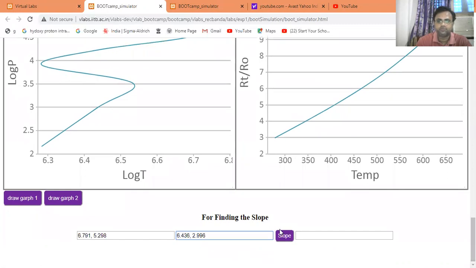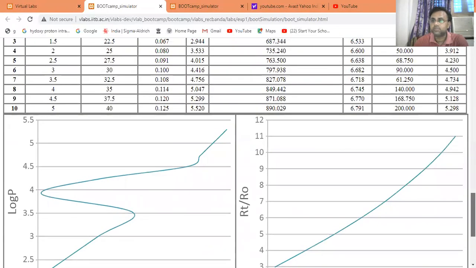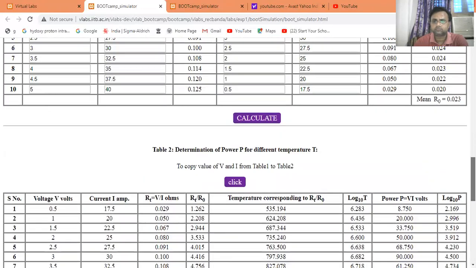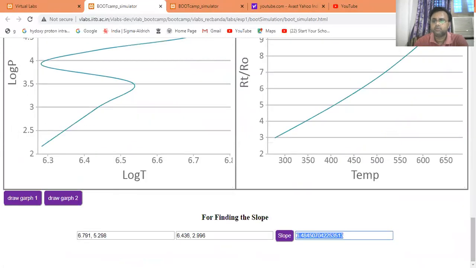This will give the slope of the line. The slope of the line is 6.4, it is a wrong result. This means we have to take another reading. It must come in the range of 4.